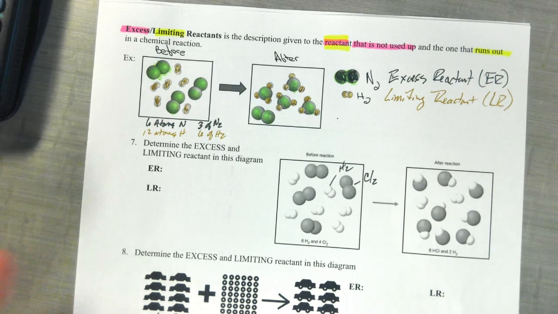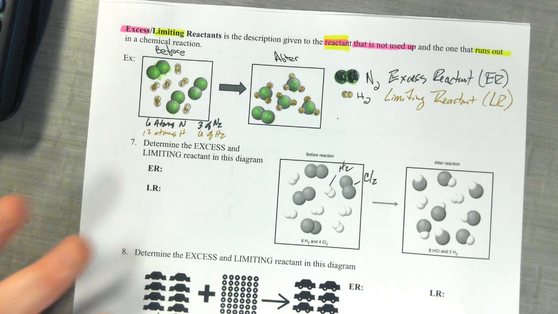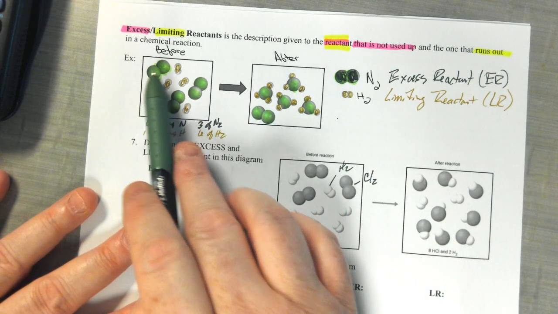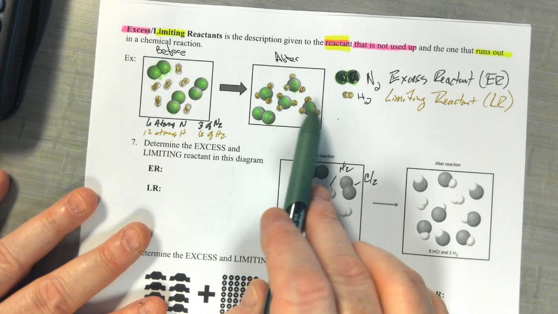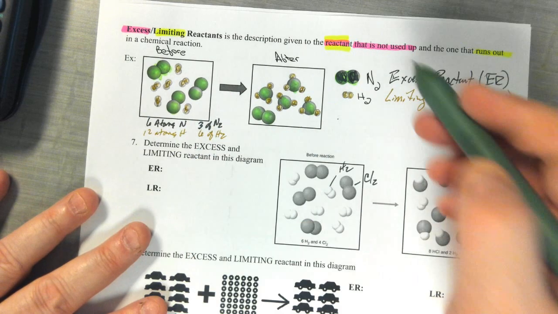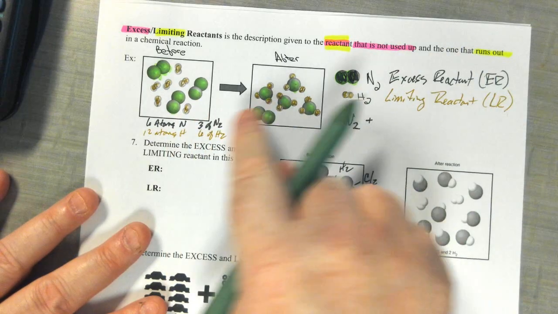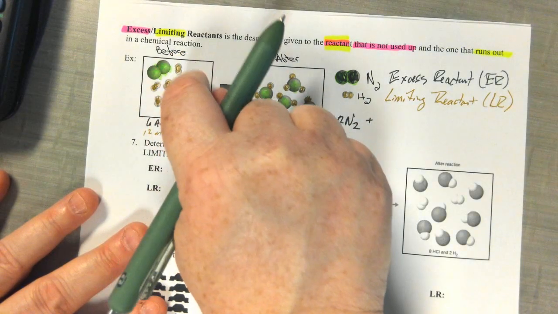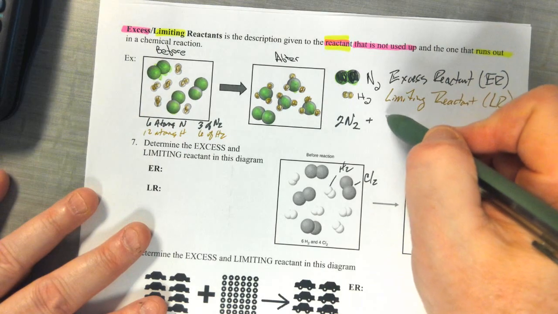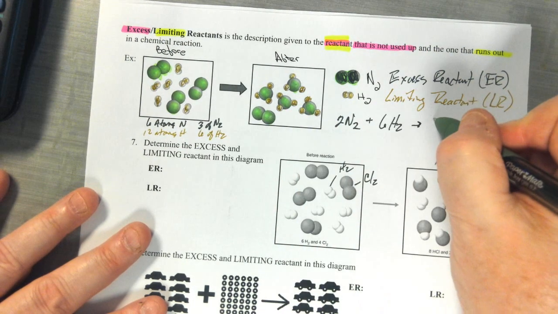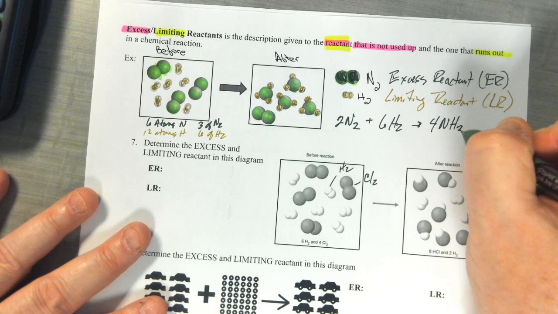Okay. Now, if we were to write this as a balanced chemical reaction, we would say, well, we needed 2 of the N2 molecules, right? Because only 2 of them reacted, 2 N2, plus we needed all of these hydrogens, so 1, 2, 3, 4, 5, 6 H2, which produce 4 NH3s.